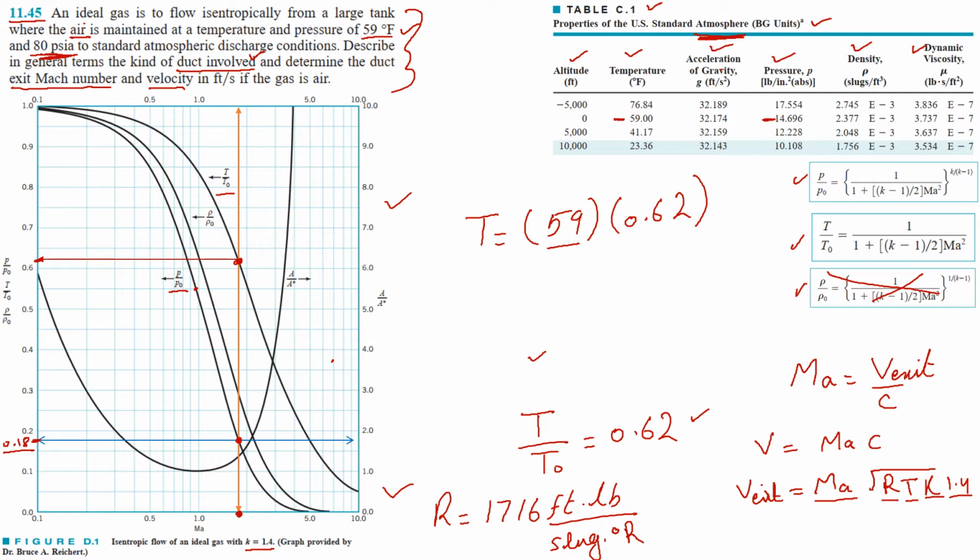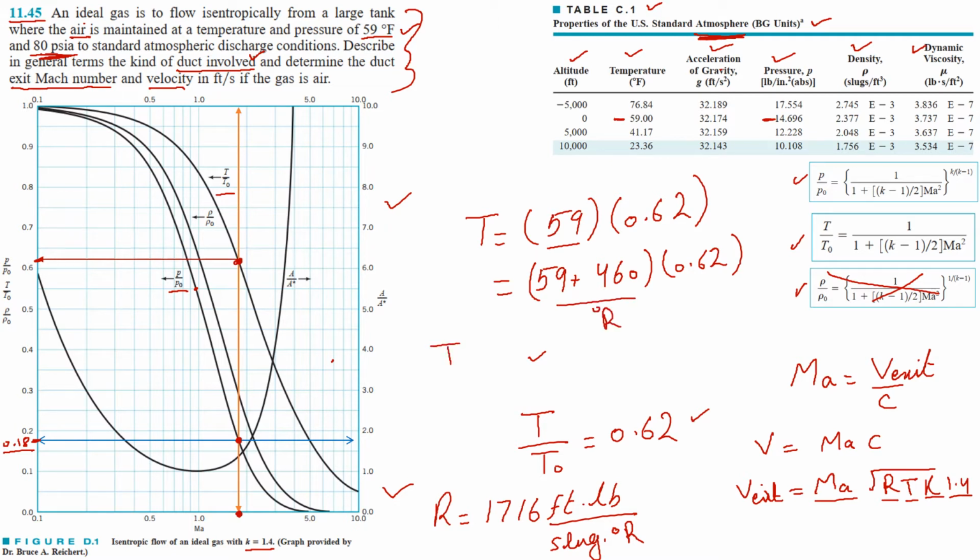So what we need to do is add approximately 460, so it will be 59 plus 460. This will give us the temperature in absolute terms, and the value will be in degree Rankine.